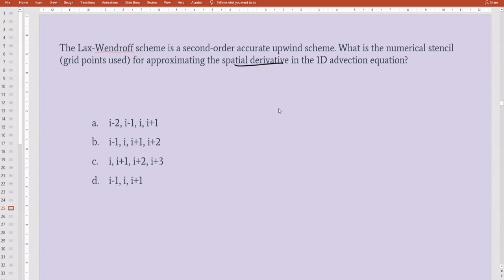Actually, the Lax-Wendroff scheme is second order accurate in space and first order accurate in time. So we will be needing these points: i minus 1, i plus 1, i plus 2 in the Lax-Wendroff scheme to get a second order accurate scheme.